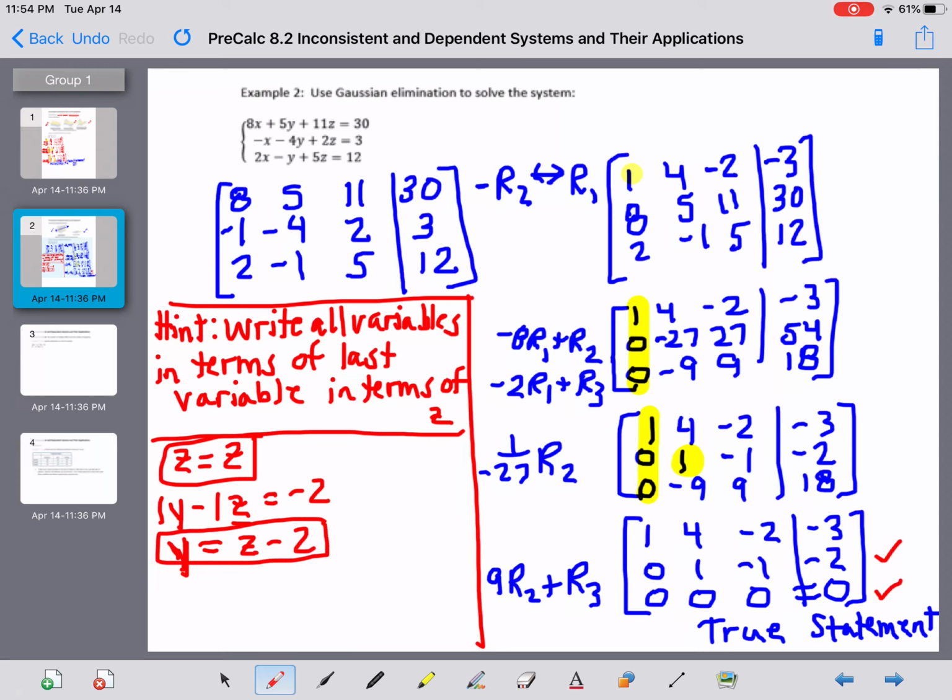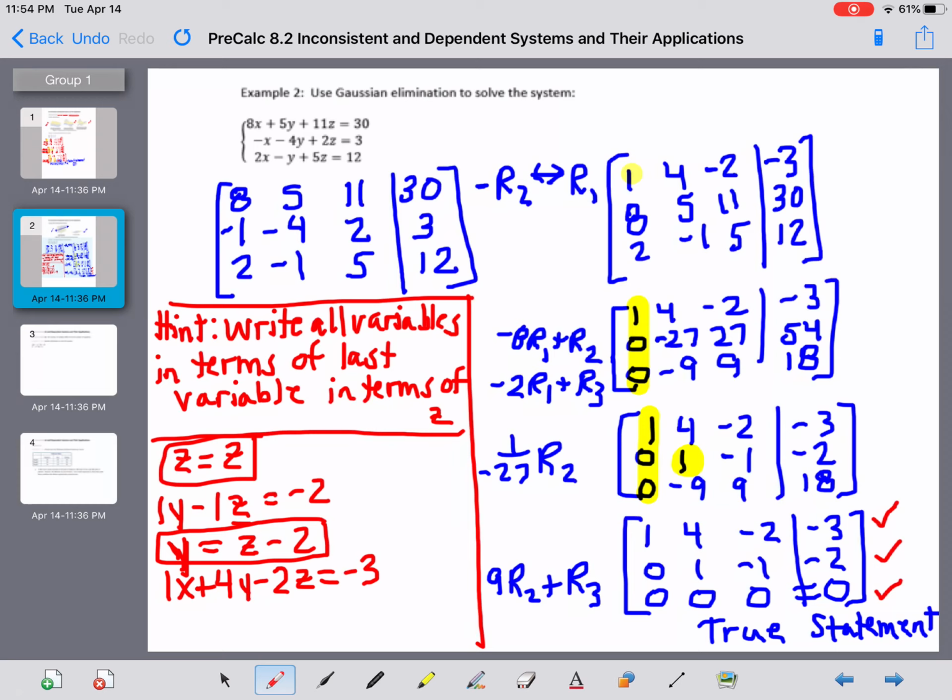And then I'm going to come up to the top to find out what my x can be. Using that top line there, I get 1x plus 4y minus 2z equals negative 3. Okay, I want everything in terms of z. So I have my x, which I don't know anything for right now.